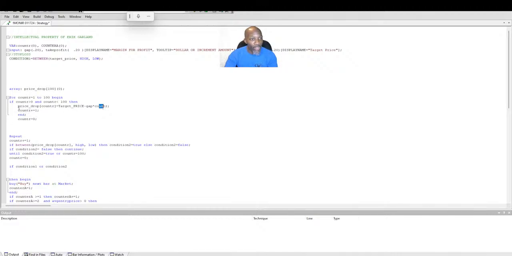And then again, when you're assigning values to your array, you want to make sure that you're changing your counter, because if you don't have your counter right, then you can get into an endless or infinite loop that just won't stop.